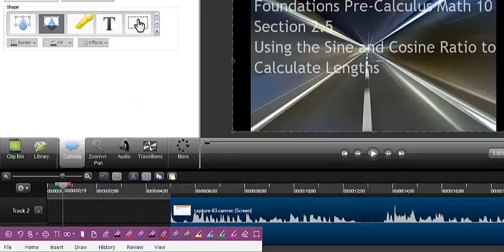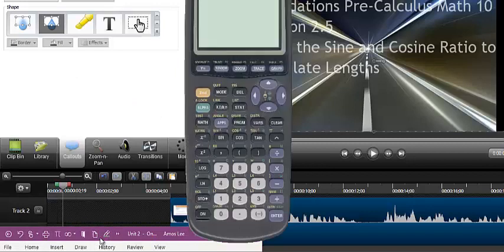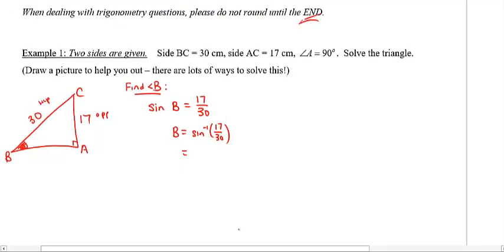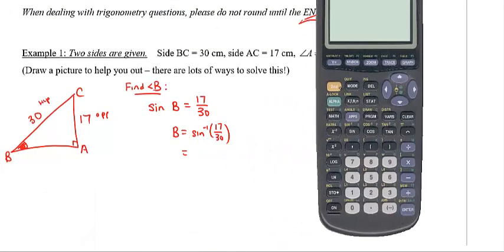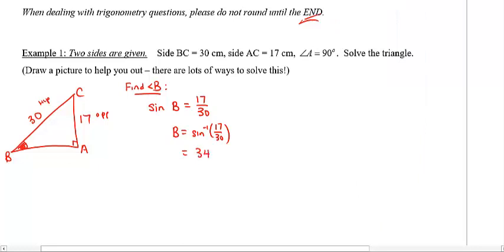And of course, calculator time. Inverse sine of 17 over 30. Ta-da! 34.5 degrees.